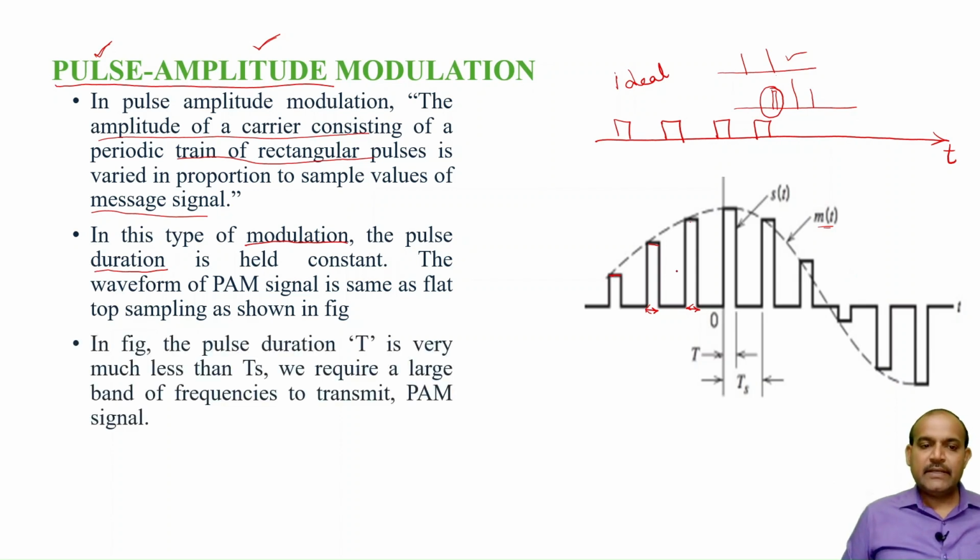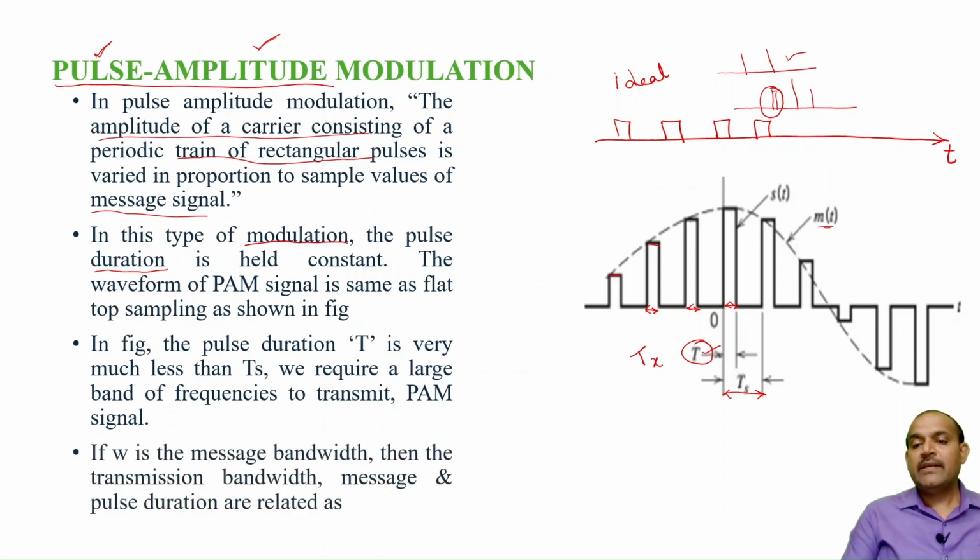The pulse duration I consider is t, or generally we can write it as tx. This pulse duration t is very small when compared with the sampling duration Ts, that is, the time from one sample to the next.